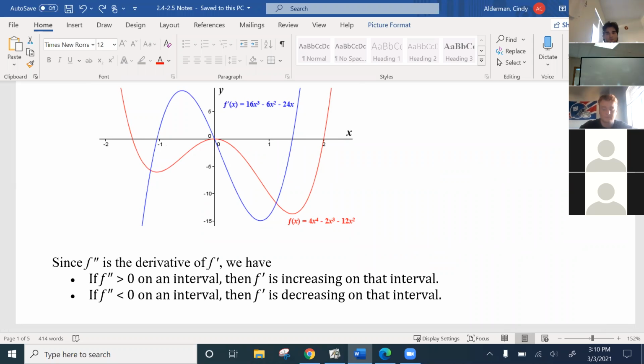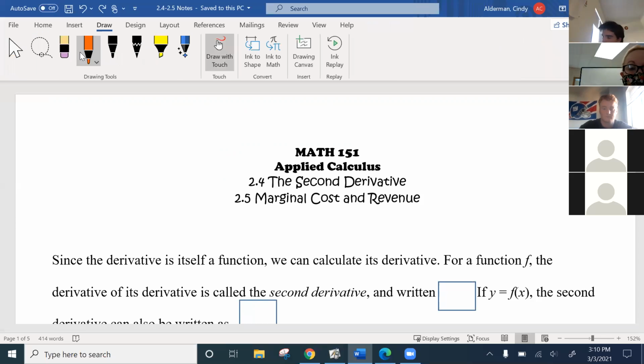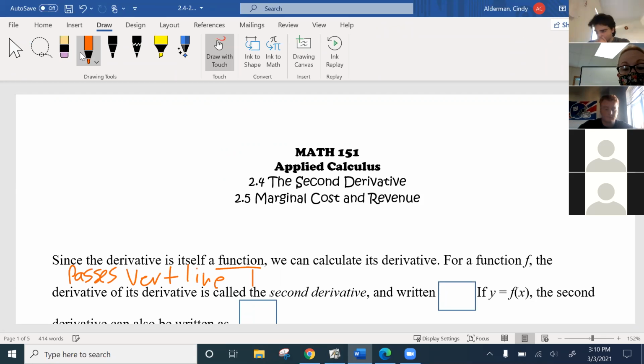So we know that the derivative is a function because it passes the vertical line test. We can write the second derivative like f prime prime.